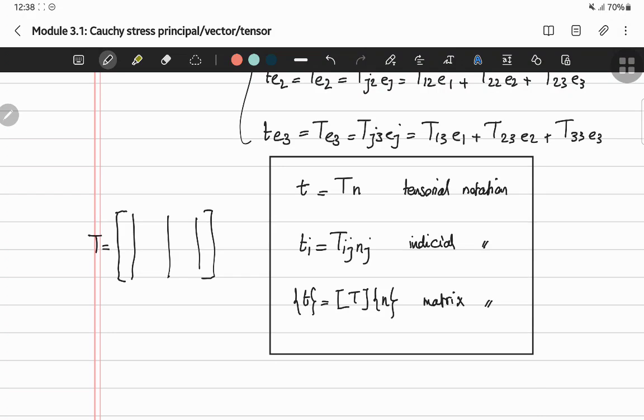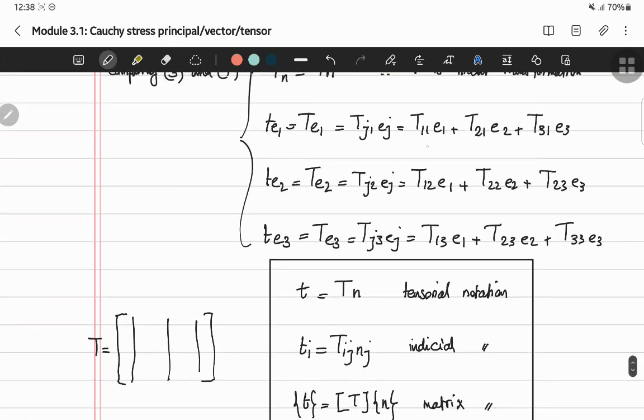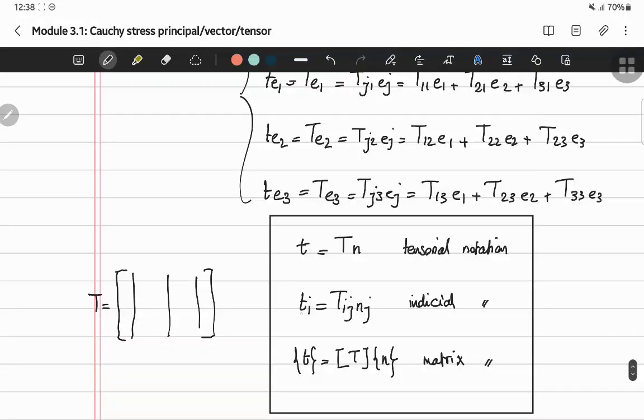So we basically transform the unit vectors from one base to another base using these rules in here, and that's why, if we fill in the elements of T vertically, then we will have Tij nj.